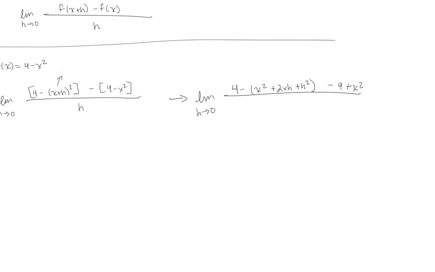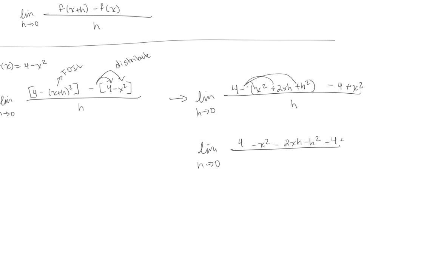I just FOILed this, and I distributed this negative in there, and all of that's over h. So rewriting it by distributing the negative: the limit as h approaches 0 of 4 minus x squared minus 2xh minus h squared minus 4 plus x squared, all over h.